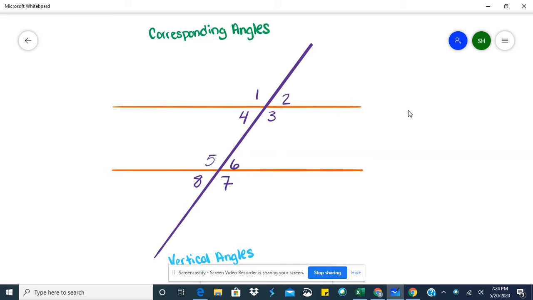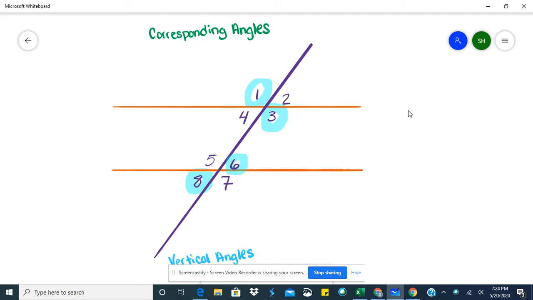Congruent angles that are corresponding angles would be things like angles 1 and 3 are corresponding angles. 6 and 8 are corresponding angles.